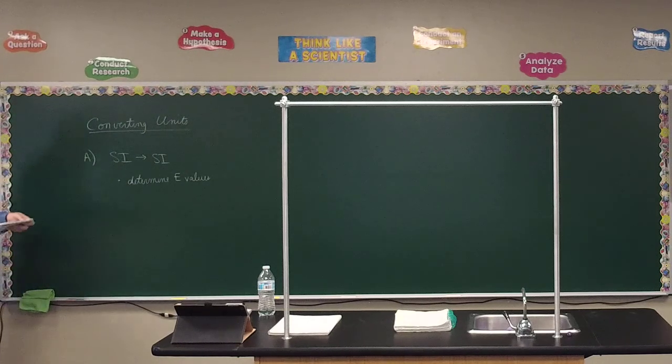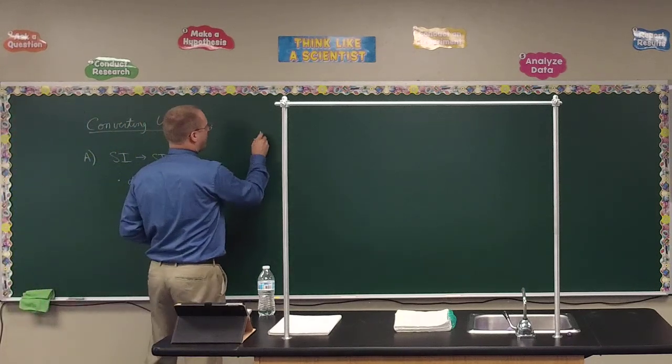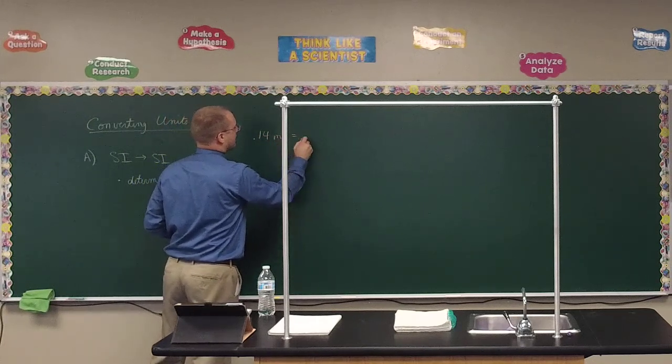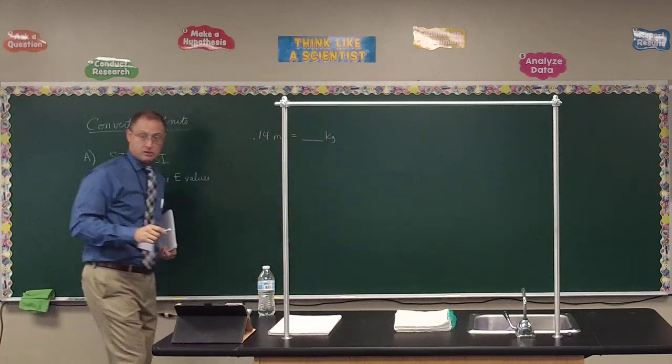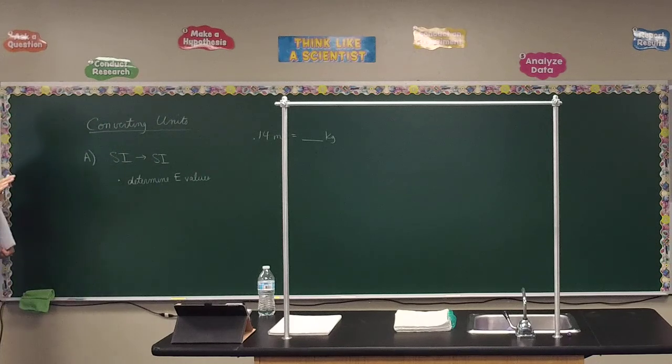For instance, if I wanted to convert from 0.14 milligrams into kilograms. Now, you might be thinking, oh, I remember King Henry died unexpectedly. The problem is, what about mega and micro and nano? And we really don't use deca, deci, and hecto much.